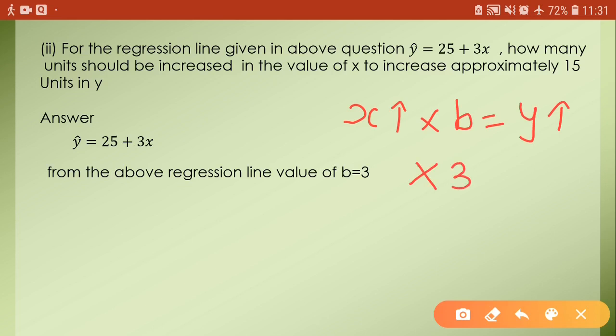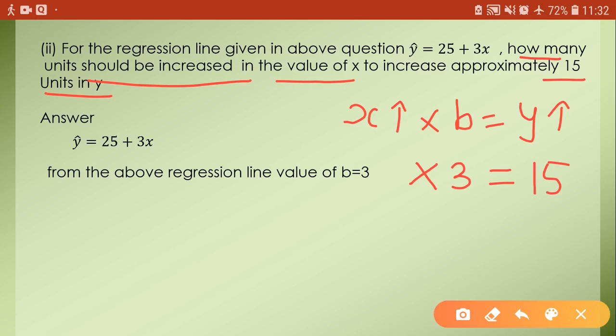Now let's again read the question. How many units should be increased in the value of x to increase approximately 15 units in y? So as you can see in the question, units increased in y is given. So this right hand side is given in the question. We will write it on the right hand side.